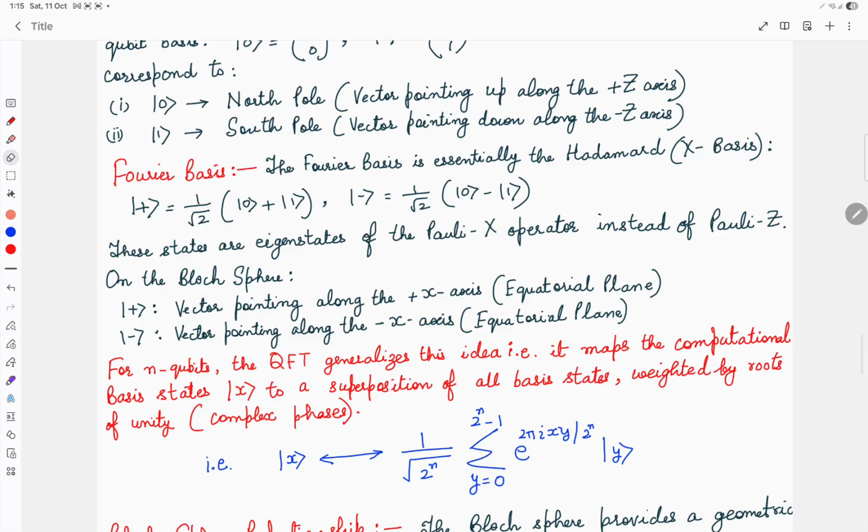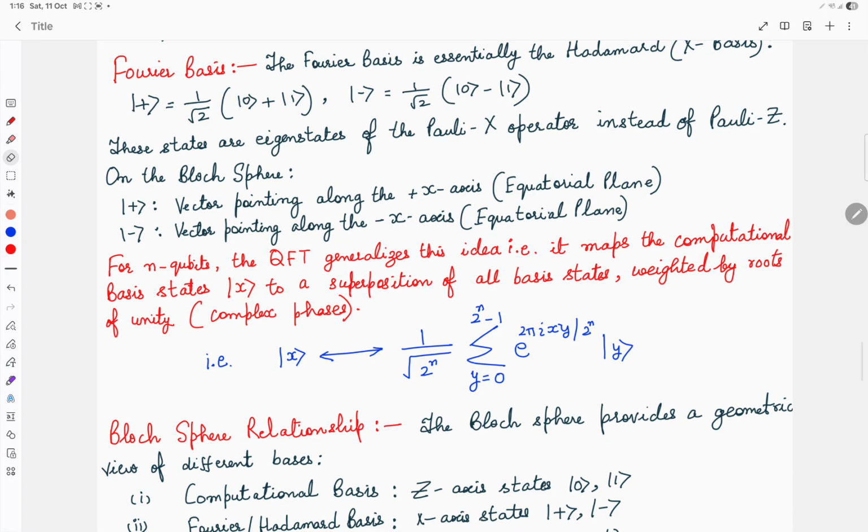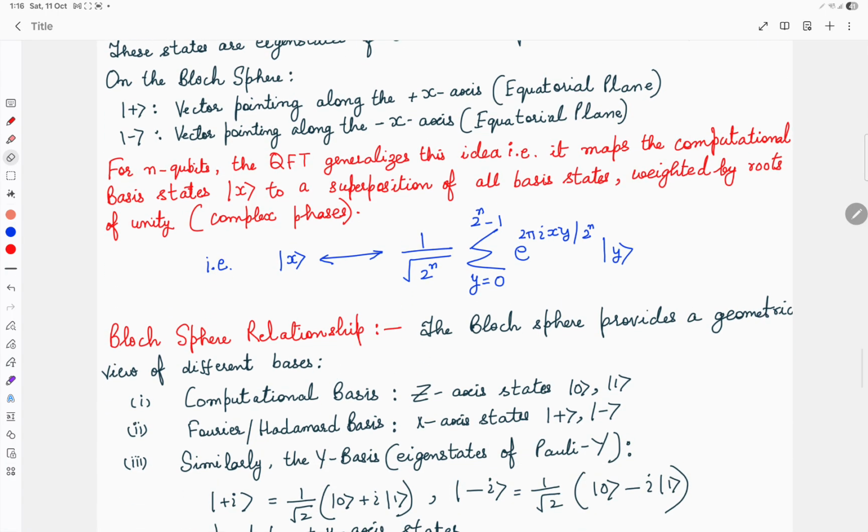These states are eigenstates of the Pauli x operator instead of Pauli z. So on the Bloch sphere, the |+> vector will point along the positive x-axis, and the |-> vector will point along the negative x-axis, right?